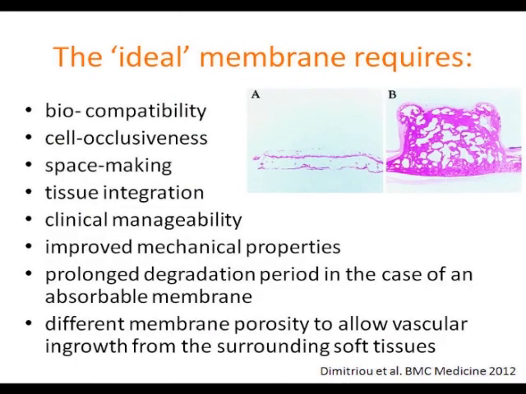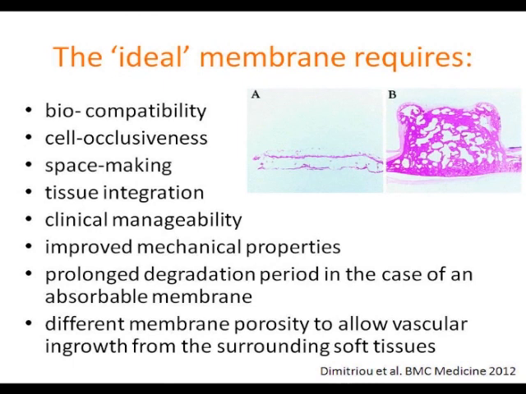It should be biocompatible, with the capacity of not allowing the cells to invade the site of the bone fracture. They should be space-making. They should be able to integrate in the tissue. They should not cost too much, and this is another big problem.